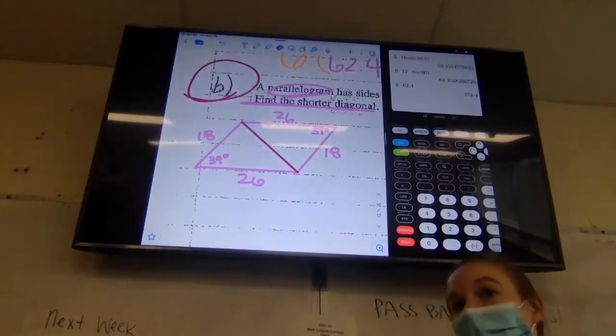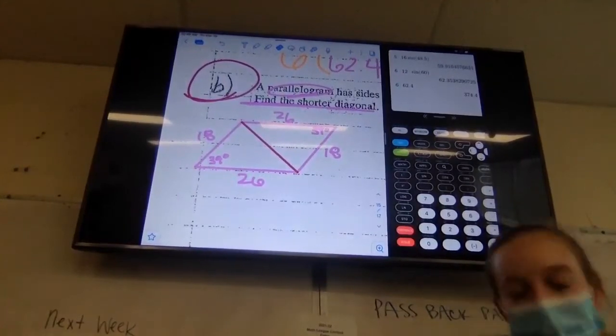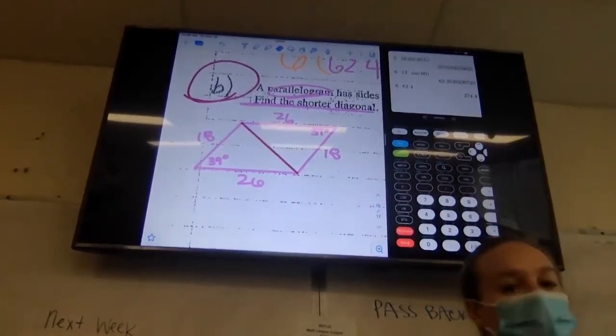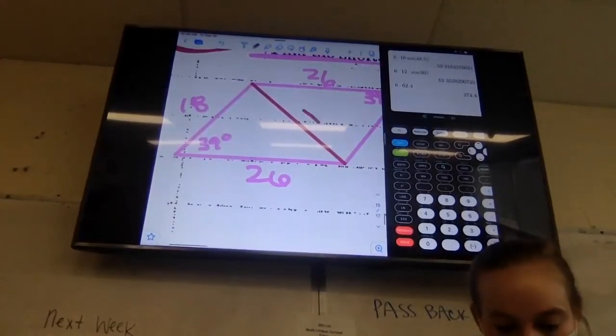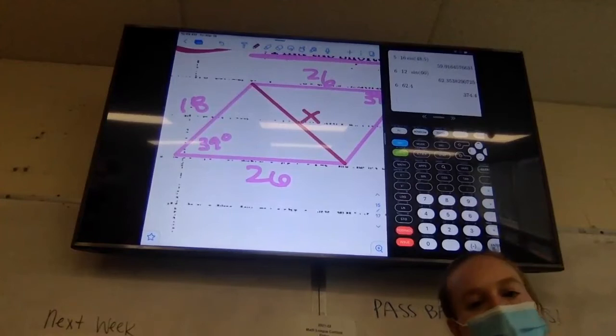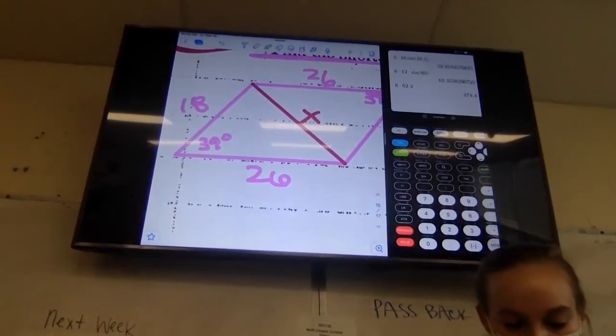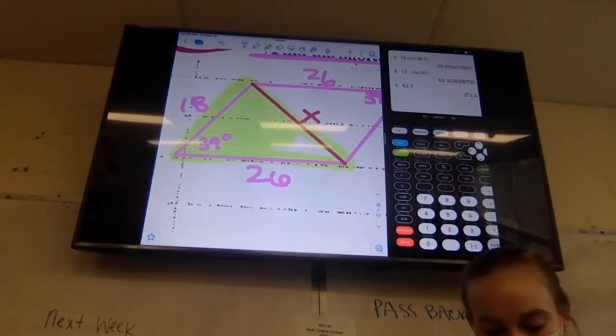But my other class was like, well, it just looks smaller. That's a good enough reason right now. This does look smaller. It is smaller. So I'm going to find this missing side. We'll call it X. How would I do that? Good. I've got a little triangle right here. And what law do I need to use to find X?